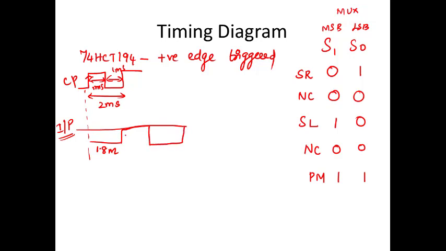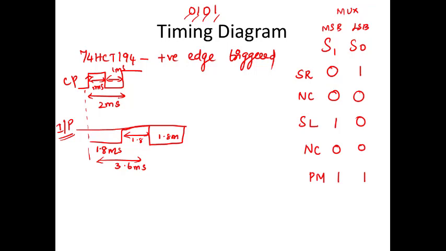Okay, so 1.8 milliseconds, 1.8 milliseconds, 1.8 milliseconds, like that. So if I take this input period, for example, this is 3.6 milliseconds. So keep in mind, for both your shift right and shift left, I am going to take only the input 0, 1, 0, 1. Each transition will occur for 1.8 milliseconds, which is slightly lesser than your clock pulse period.